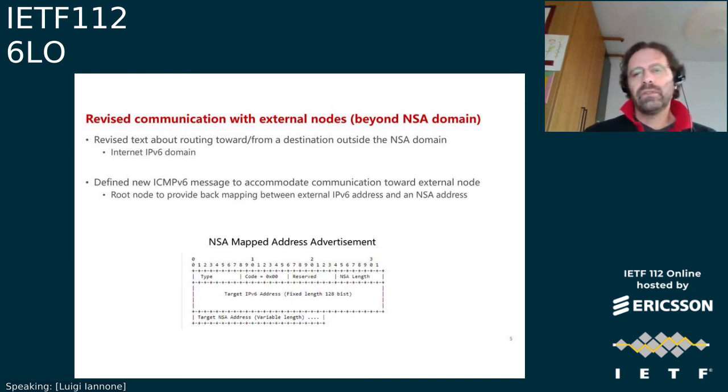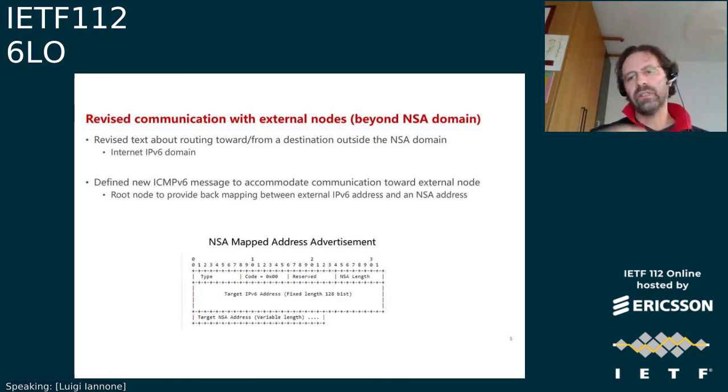The other way around needs more work, in the sense that if an internal node wants to contact an external IPv6 address, this decision is made locally by the node, right? But the mapped NSA address of this external node has to be decided by the root.